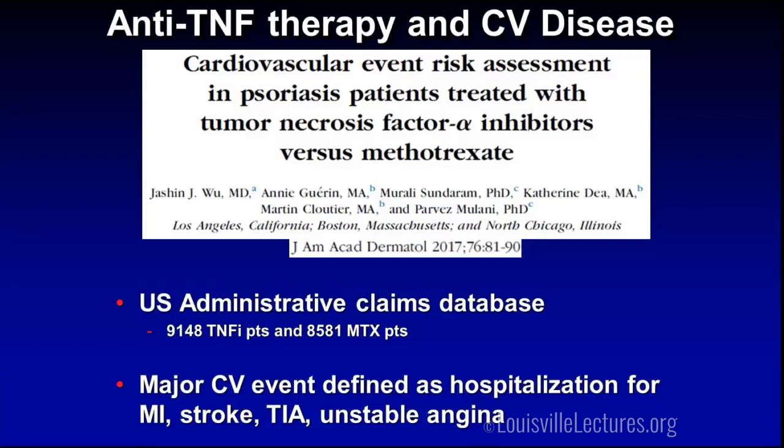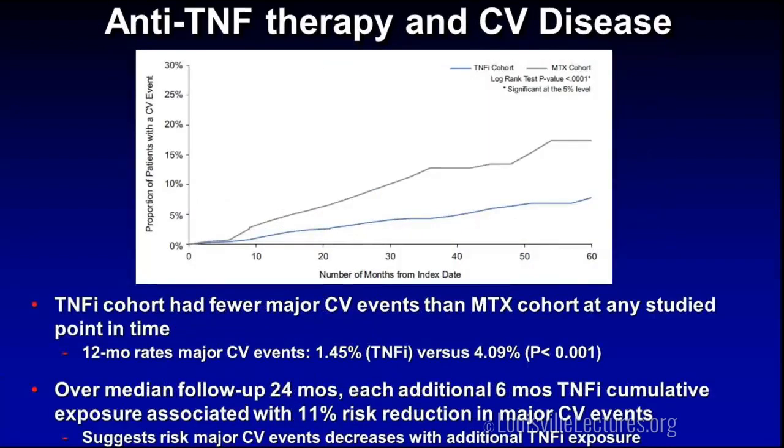So they had over 9,000 patients on TNF inhibitors, and they compared them to about 8,500 patients who were taking methotrexate, and looked at major cardiovascular events, which were defined as hospitalization for an MI, stroke, TIA, or unstable angina. And what they found was that patients on TNF inhibitors had fewer major cardiovascular events than patients on methotrexate, really at any point studied in time.